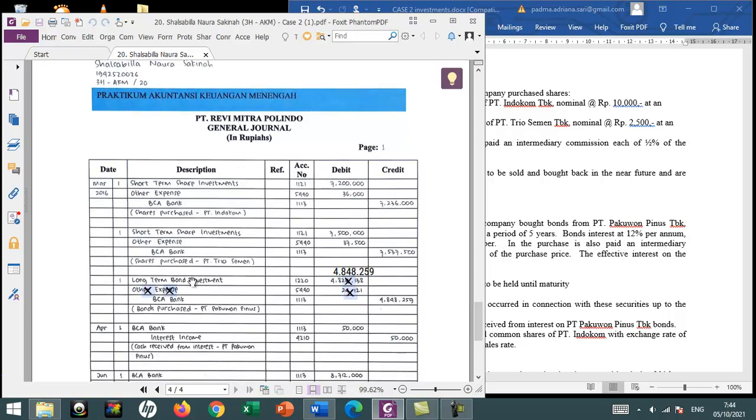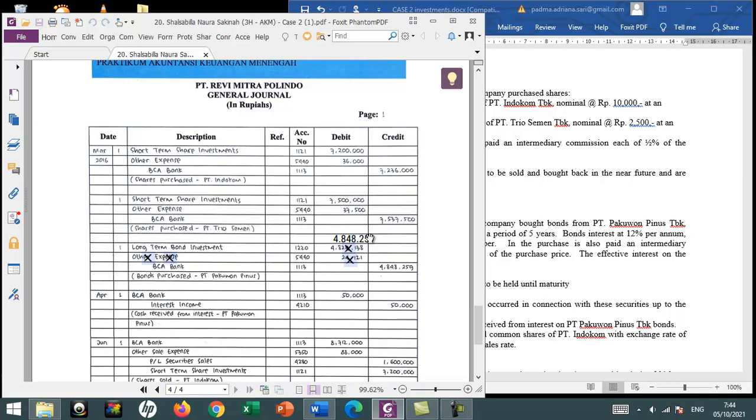Okay, the same for PT Trio Semen. So the company bought the shares with BCA Bank, and then they bought short-term share investment, and the other expense was the commission fee.